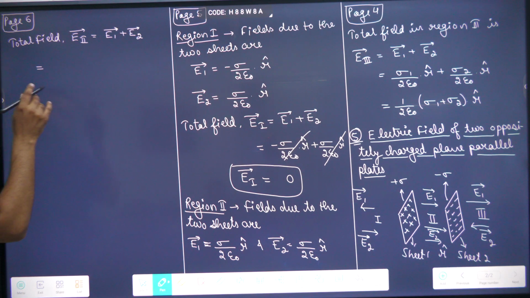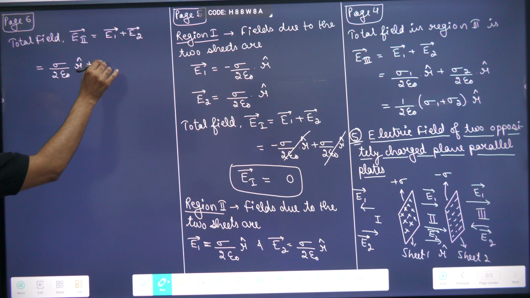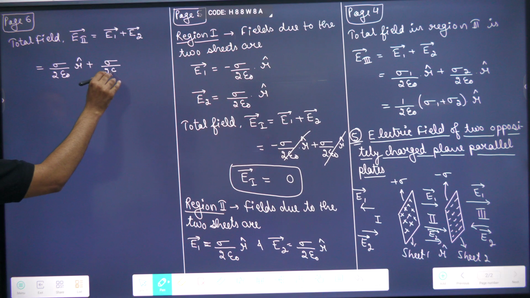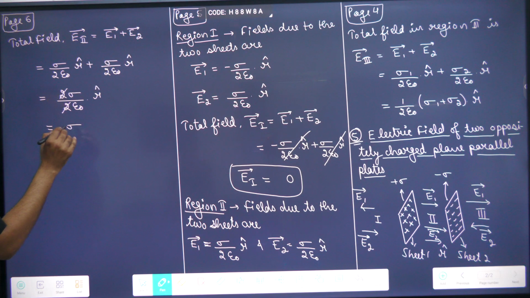E1 vector is sigma upon 2 epsilon naught r cap. E2 vector is also the same, sigma upon 2 epsilon naught r cap. After adding, this will become 2 sigma upon 2 epsilon naught r cap. The 2 will cancel out, giving sigma upon epsilon naught r cap. Okay. Is this clear to you? Region second, tell me.